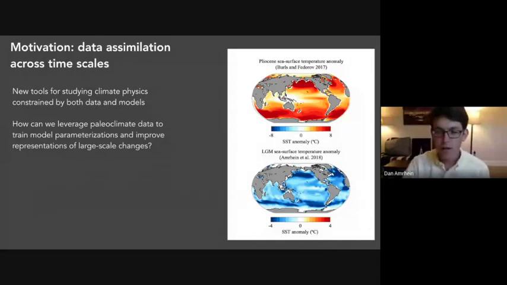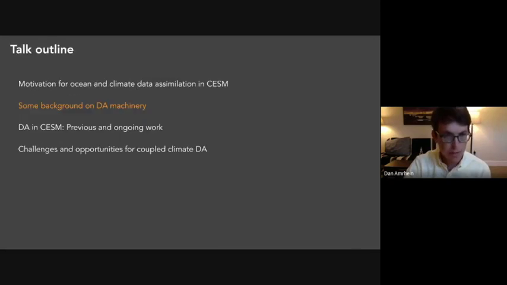And so these are data assimilative products trying to get at SSTs that are being used now in the study of equilibrium climate sensitivity. So really, pointing towards the use of data assimilation for climate variability on long timescales. So that's, I think, some of the interesting motivation for why we're doing this.